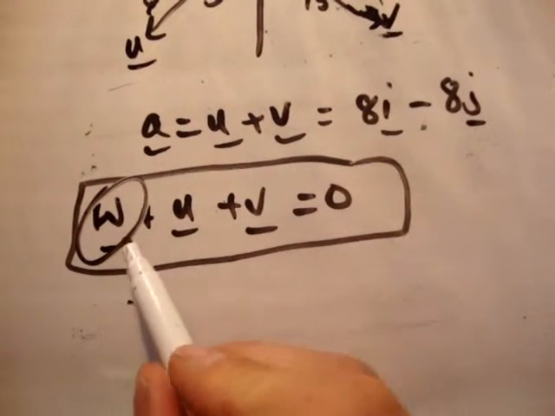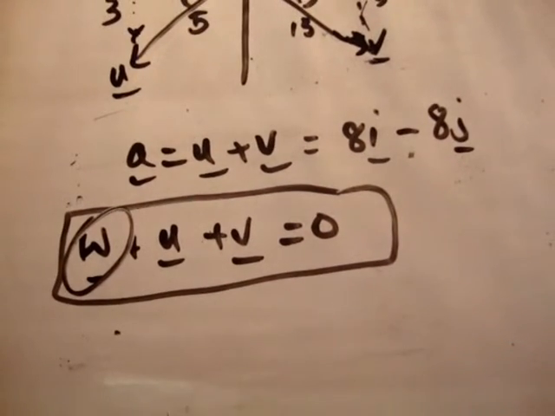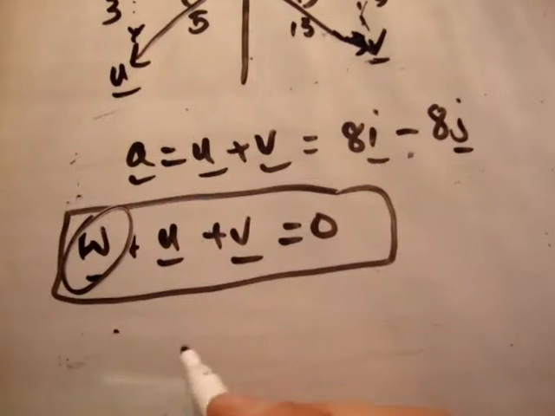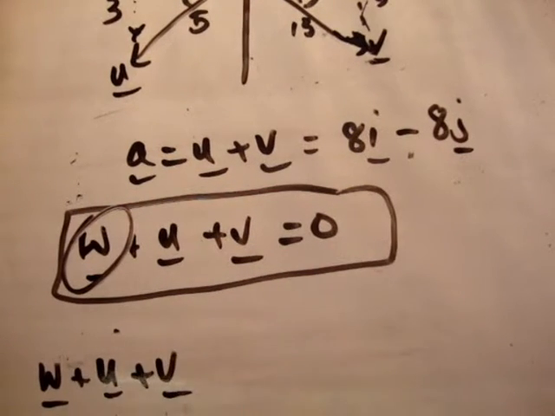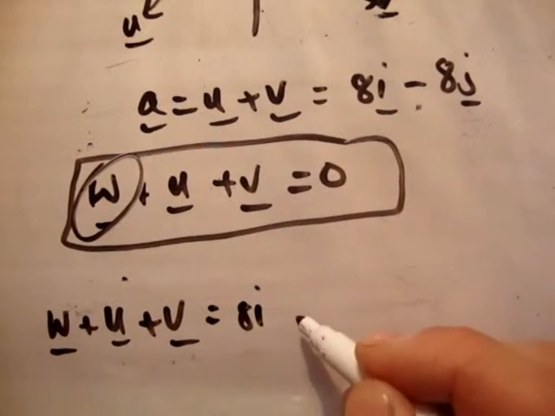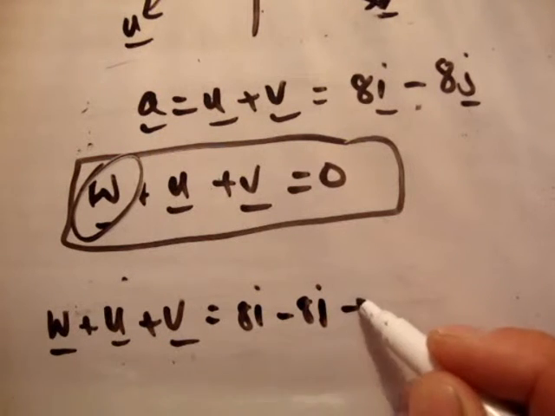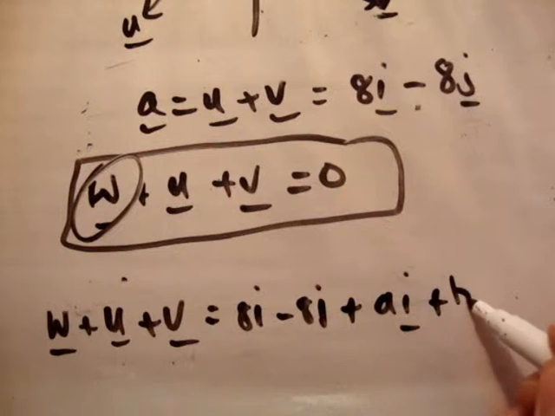So v plus u plus w is equal to 0. Well, we know that u plus v is equal to 8i hat minus 8j hat. So we'll do the exact same thing here. We'll say that w plus u plus v, like that, is equal to 8i hat minus 8j hat plus a i hat plus b j hat.